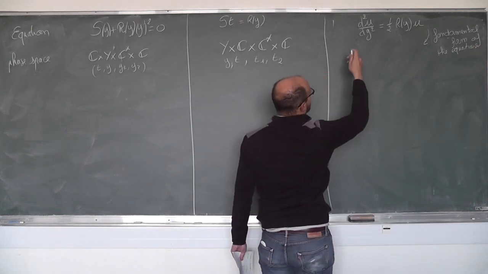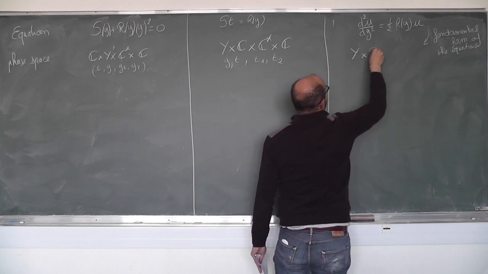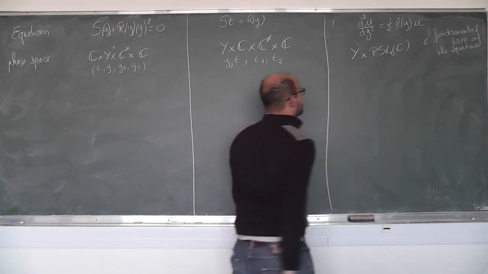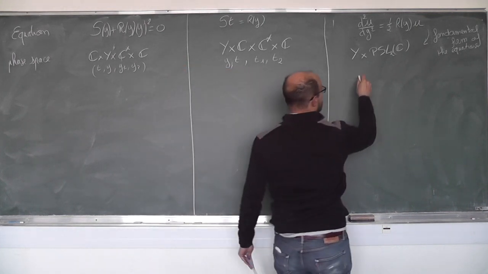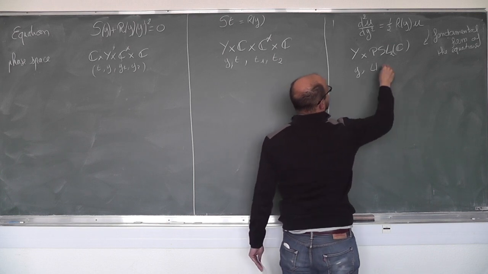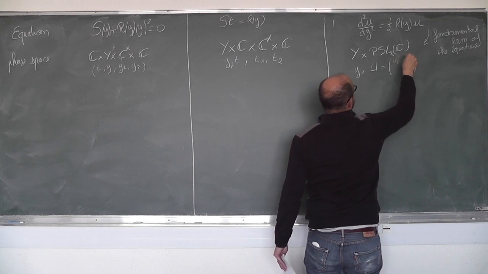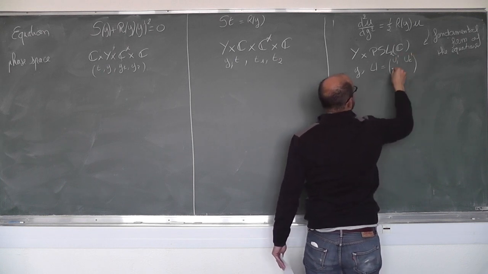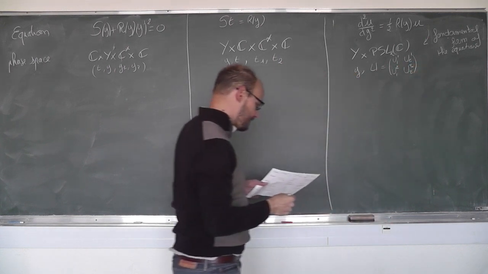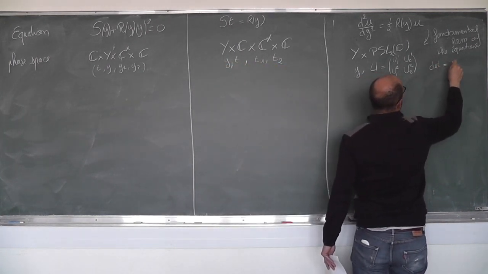It means that we are working on, and the phase space is this one, with coordinates y and big U, which is the matrix of coordinates U1,1, U2,1, U1,2, U2,2 here, with determinant equal to 1.